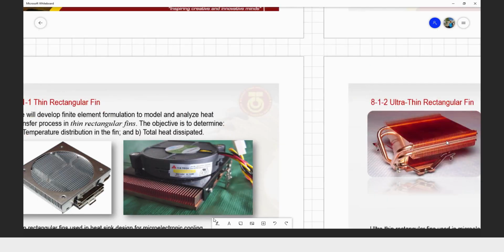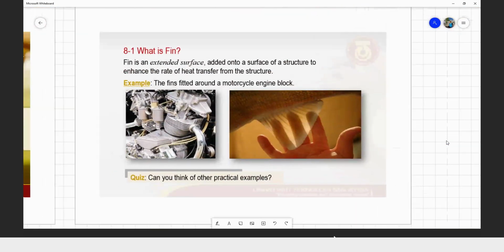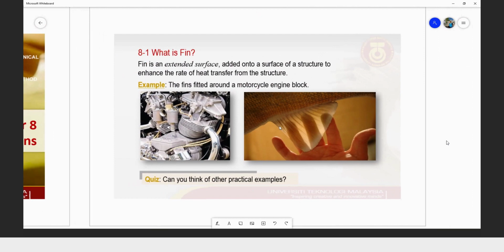So itu tak sure lah. Saya pun tak baca, tak explore much on what is the purpose of fin untuk ikan, other than untuk dia maneuver.